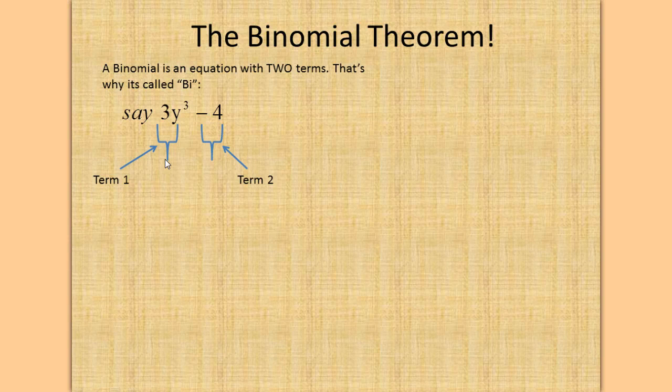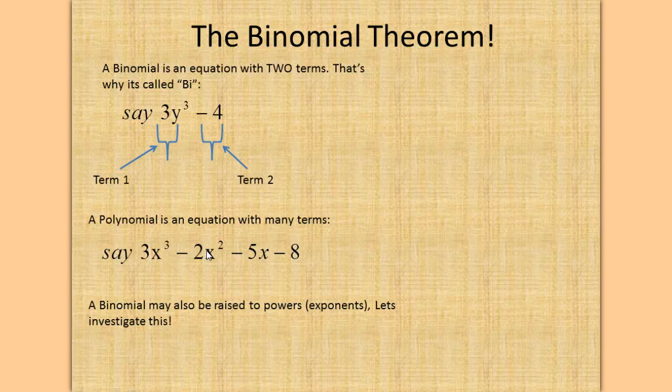Well, term 1 is 3y cubed, and term 2 is minus 4. So that's why it's called a binomial, because it has two terms. A polynomial is an equation with many terms. It has 3x cubed minus 2x squared minus 5x minus 8. A binomial may also be raised to powers or an exponent. Let's investigate this.